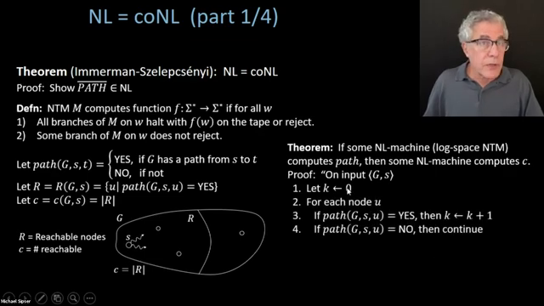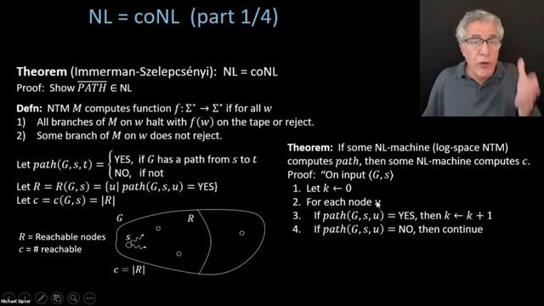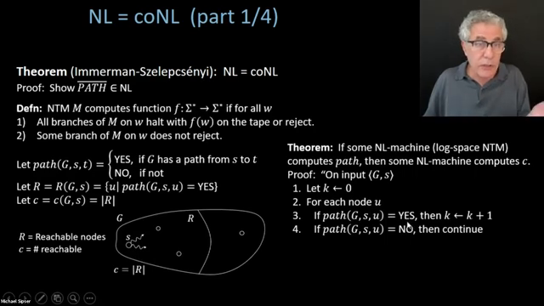But okay, here. You're given the graph and the start node. We're trying to compute this value C, which is the number of nodes reachable from the start node. You start out with a counter, which you set initially to 0. And you go through every node of the graph. If the path function computation says yes, you can reach U, then you add one to the count.